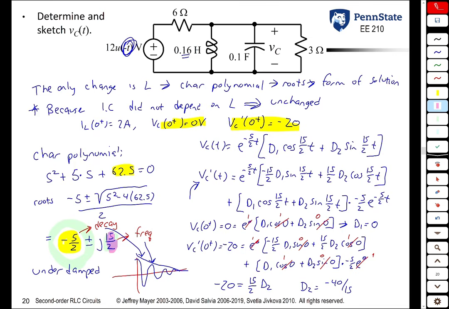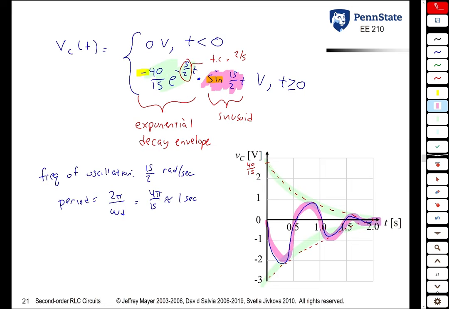So we see that both the real and imaginary part of the roots of the characteristic polynomial, which themselves come from the values of R, L, and C, dictate the general shape of the response, and then the amplitude comes from the initial conditions.